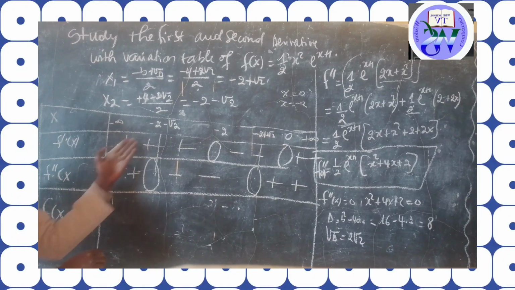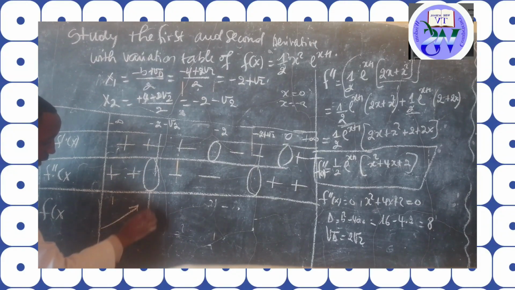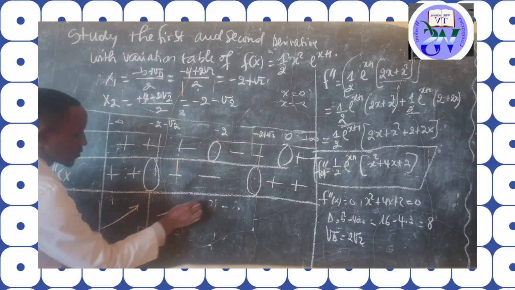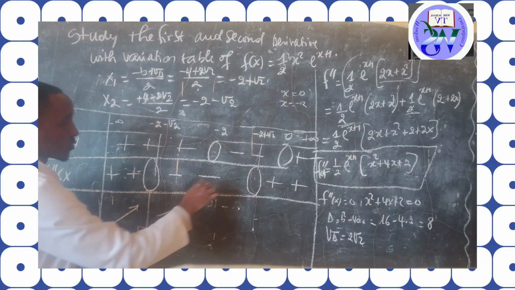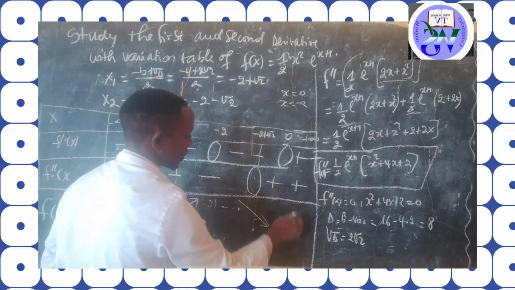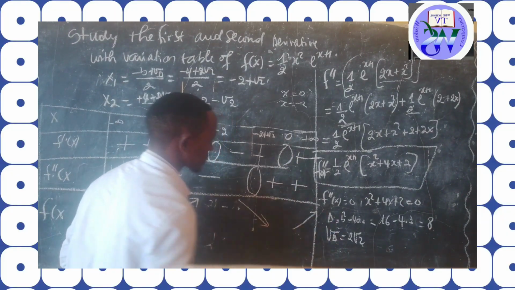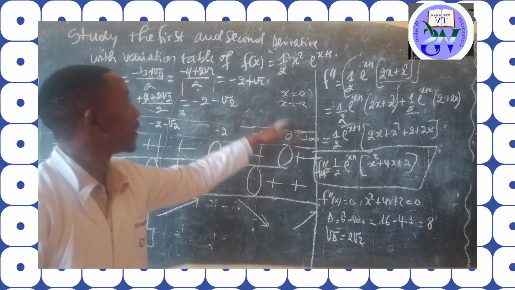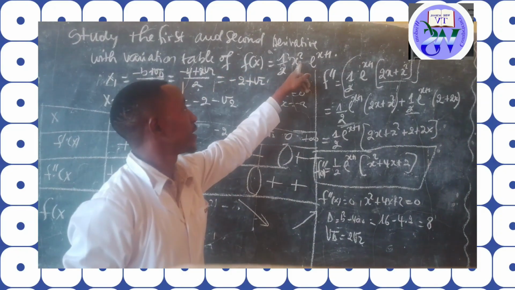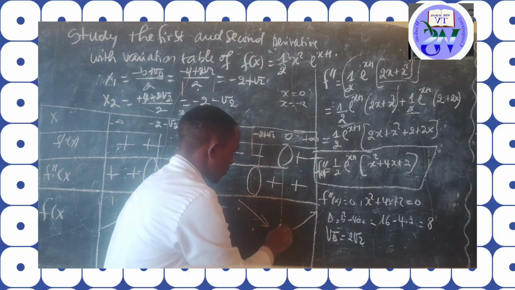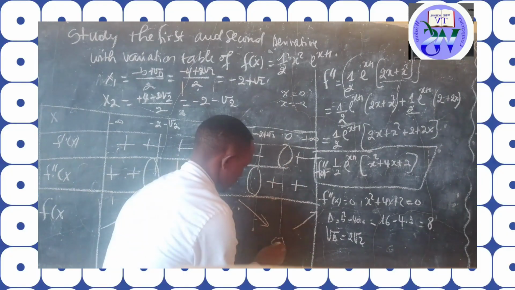So when you have a positive, it means increasing. Here there is a certain number. When you replace that in f of x, also this is increasing. So then here decreasing, also that increasing. For example, when you put this 0 into our equation, we get 0 times e to the power 0, which is equal to 0.